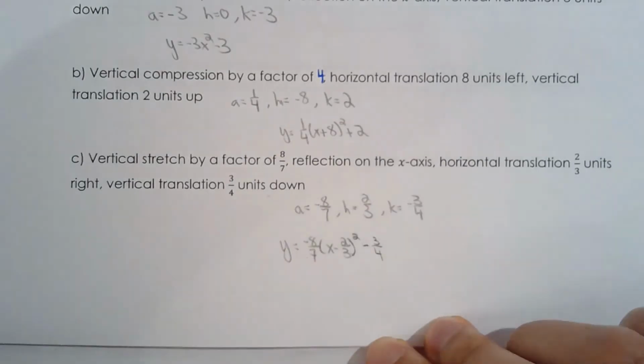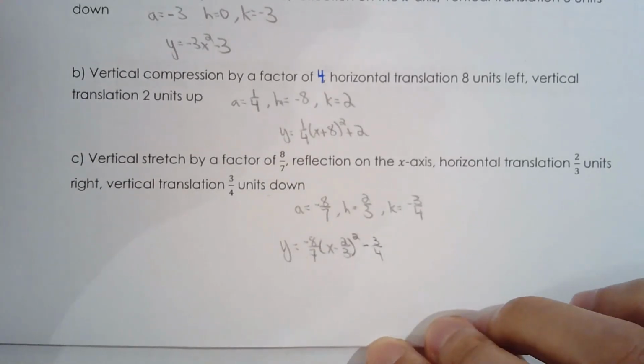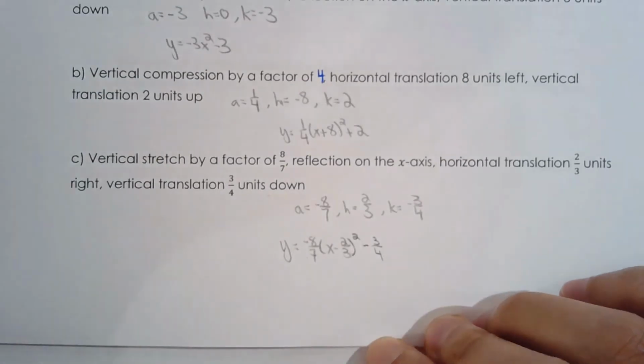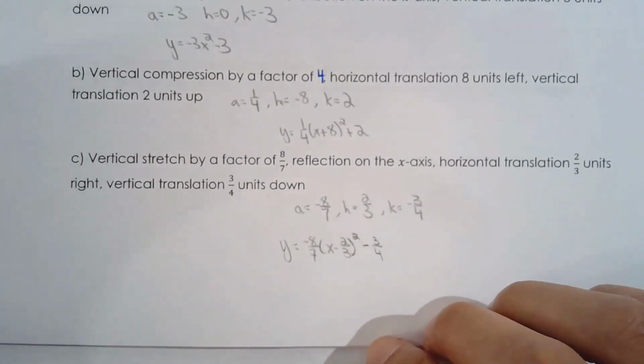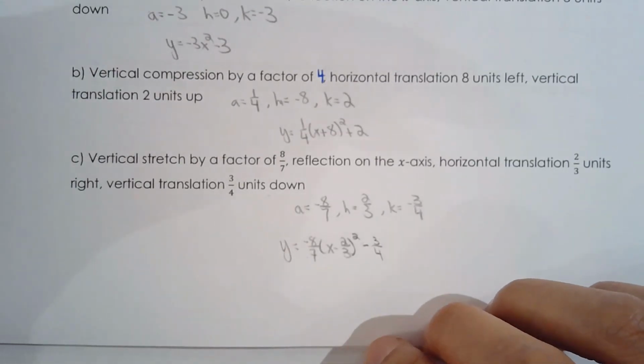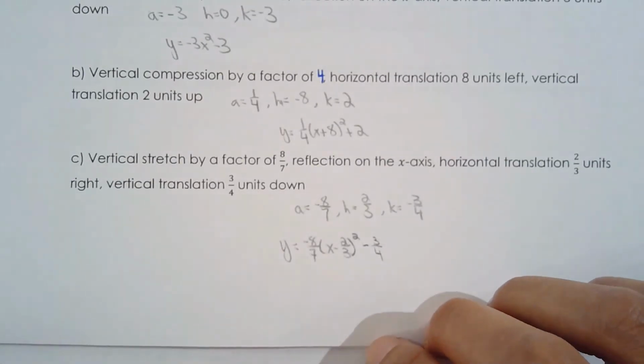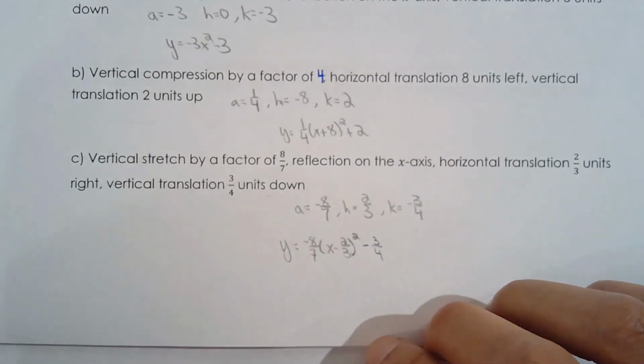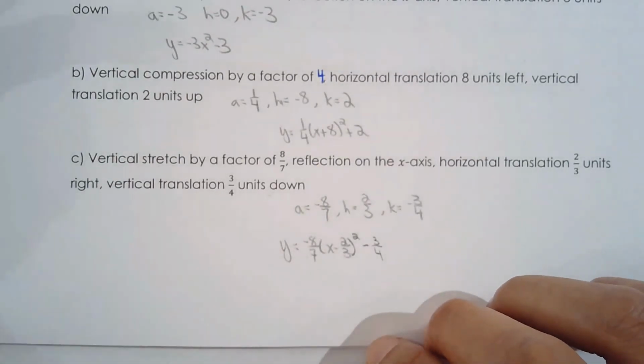Okay, so basically in this video, we saw the animation, we concluded the ideas from the animation, but we didn't really explain the ideas very well. We didn't explain why is there vertical stretch, why did the distance double vertically? Why did they get halved? Why am I going to the right? Why am I going left?